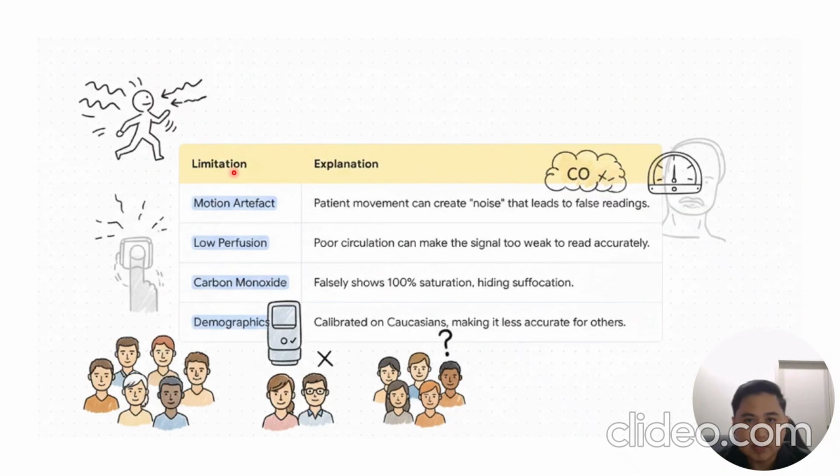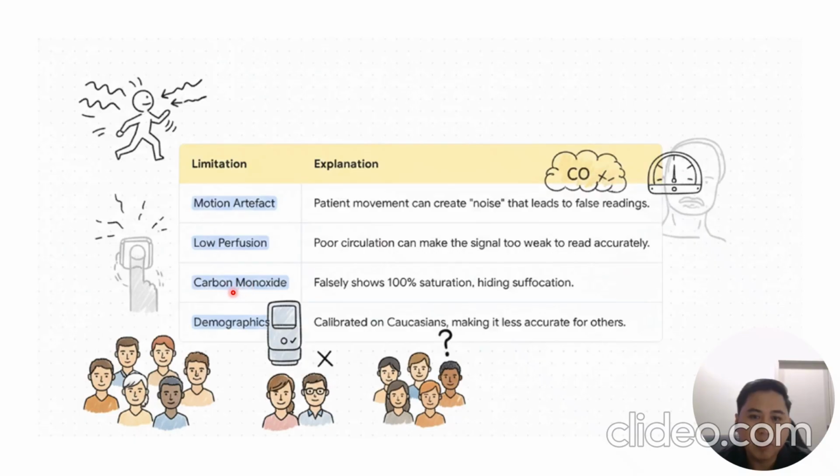The pulse oximeter has significant limitations that can lead to occult hypoxemia, the event where the device shows a normal reading despite low actual oxygen levels. For example, one limitation is motion artifact, where the patient's movement creates noise that mimics the arterial pulse, leading to false readings. The second is low perfusion. In patients with hypotension or hypoxemia, the pulsatile signal becomes too weak to distinguish from background noise.